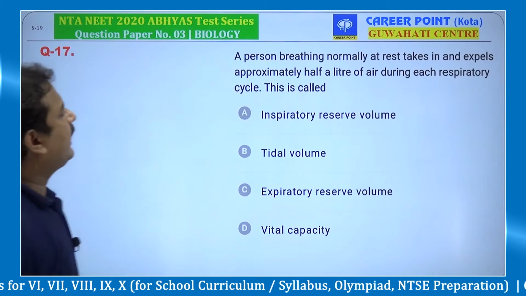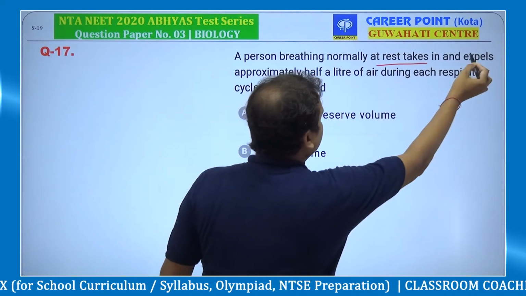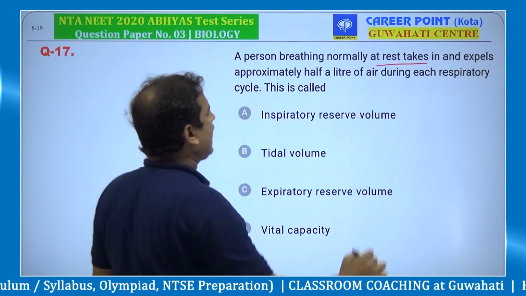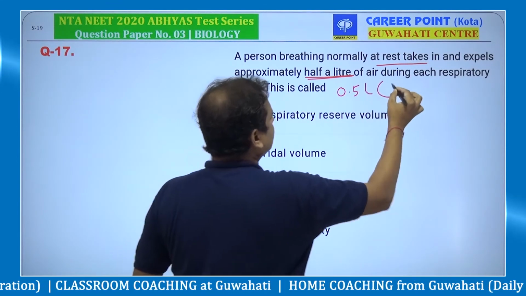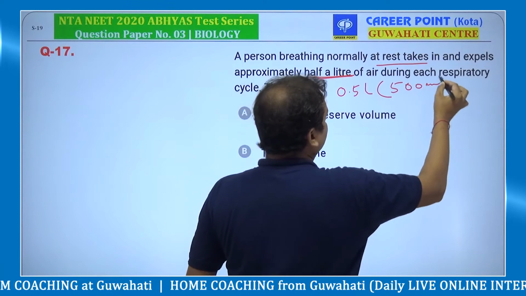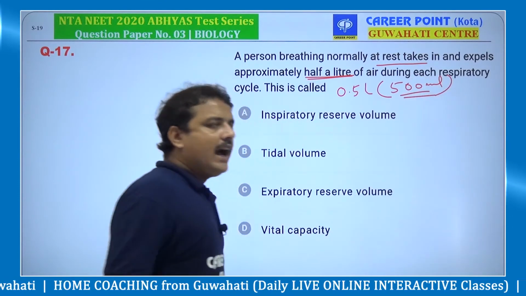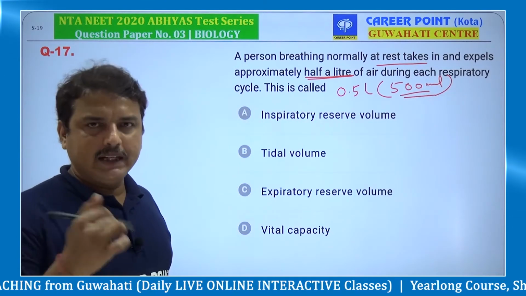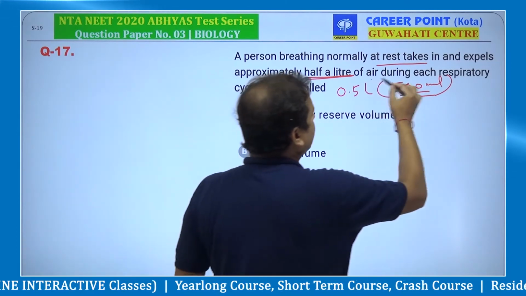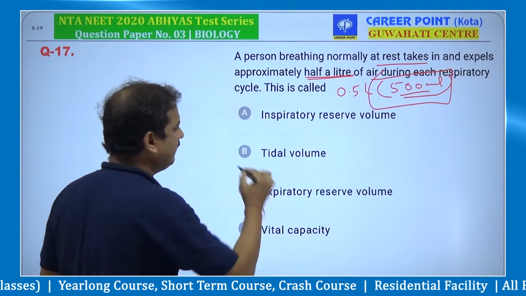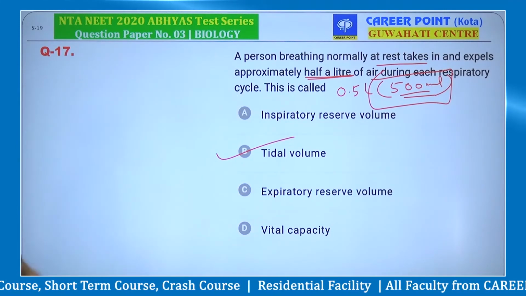A person breathing normally at rest takes in and expels approximately half a liter. Half a liter means 0.5 liter, that means 500 ml. The amount of air inhaled and exhaled by a person at rest is called tidal volume, and that amount is 500 ml. So the answer is B, tidal volume.